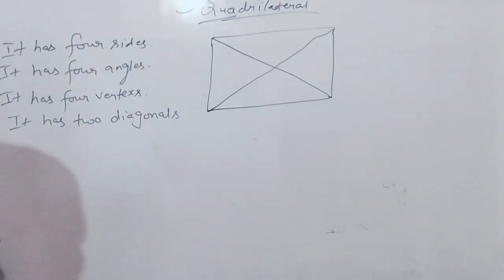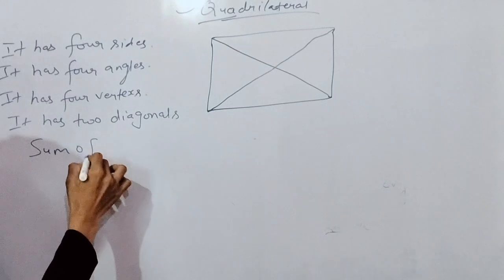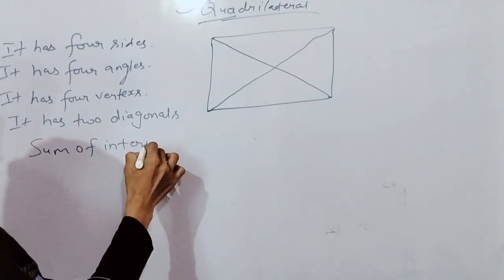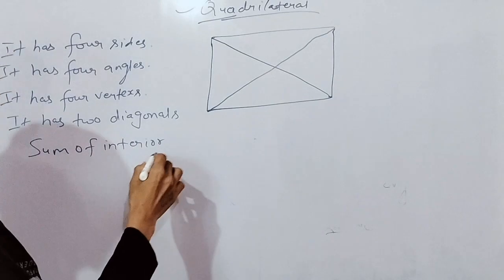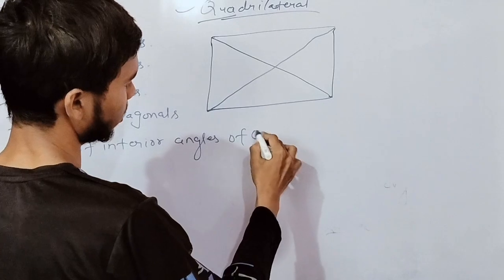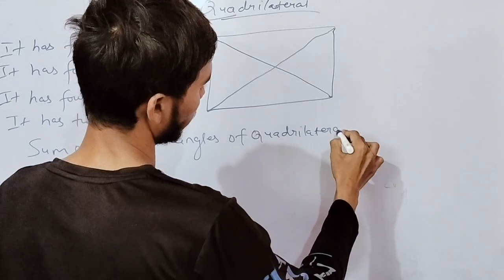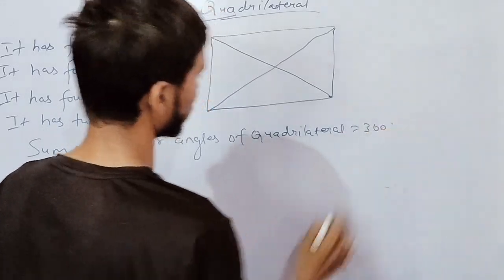What else? And one more point to remember always: the sum of interior angles of a quadrilateral would always be 360.